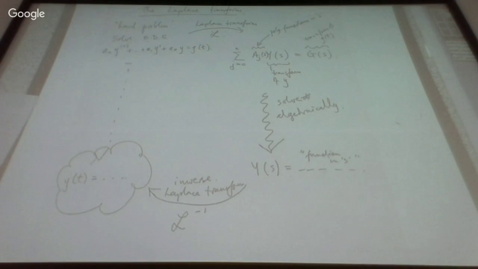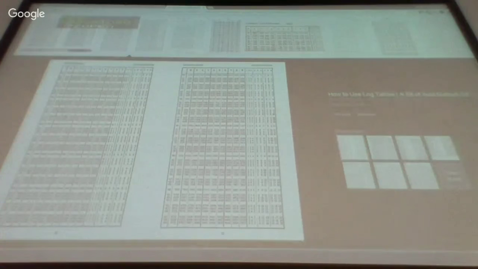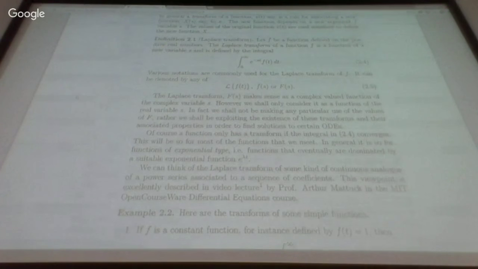Okay, so let's have a look at the notes and actually see what this thing looks like, what actually is the transform. So this is the definition of the transform here, definition 2.1.